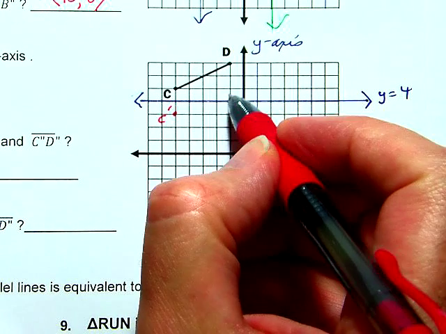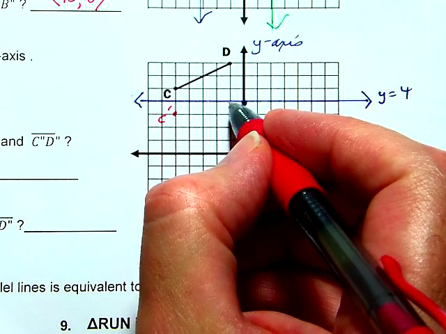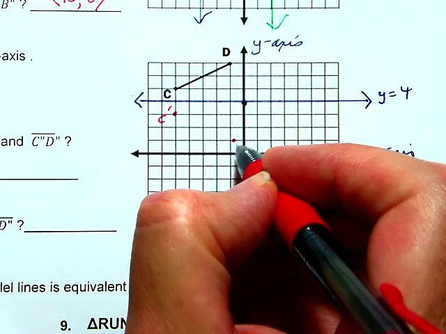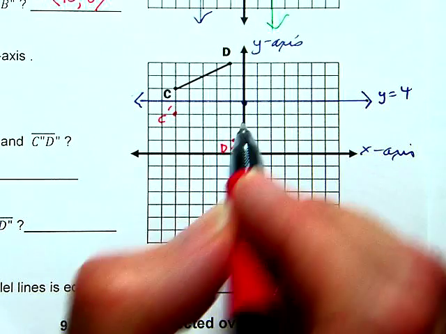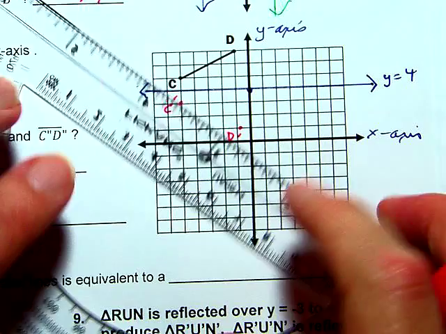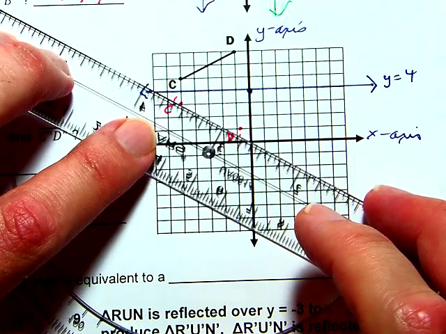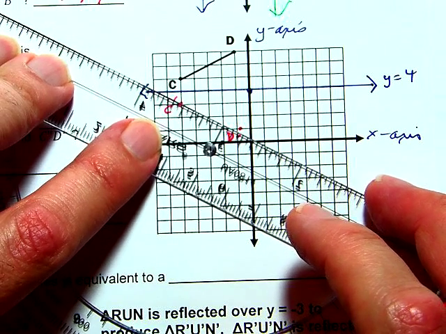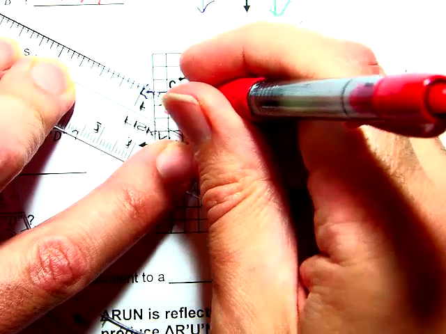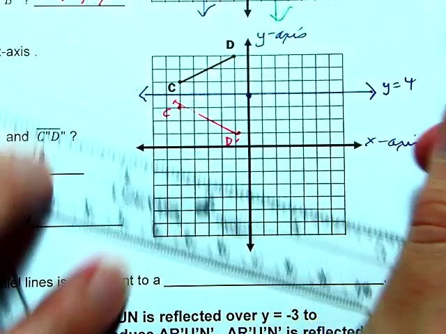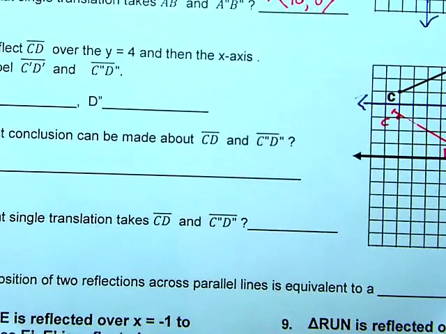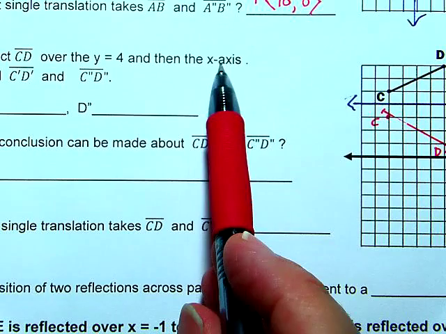And D is 1, 2, 3 units above, so D prime is 1, 2, 3 units below. Okay, so this is the result of the first reflection. Takes us from CD to C prime D prime. So far, so good. And now the second reflection is over the x-axis.